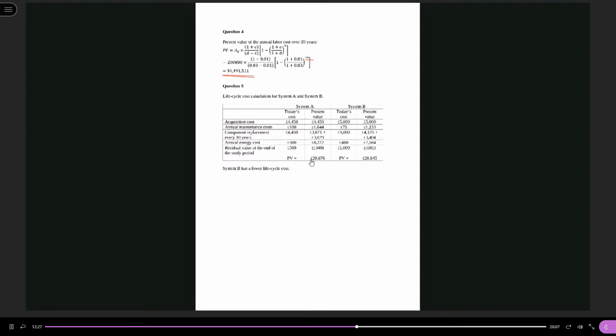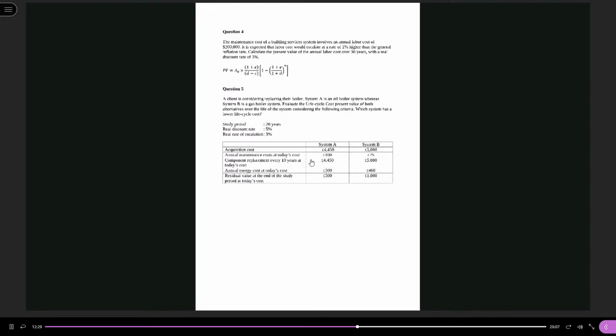So the last question, question 5. A client is considering replacing their boiler. System A is an oil boiler system, whereas System B is a gas boiler system. Evaluate the life cycle cost present value of both alternatives over the life of the system, considering the following criteria.